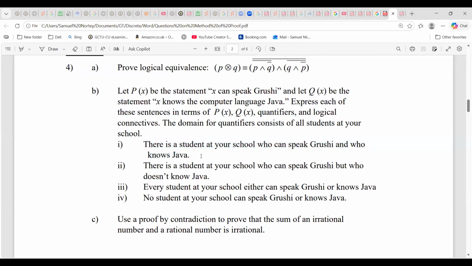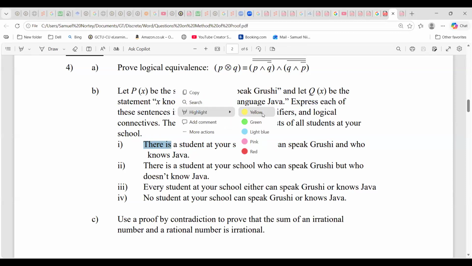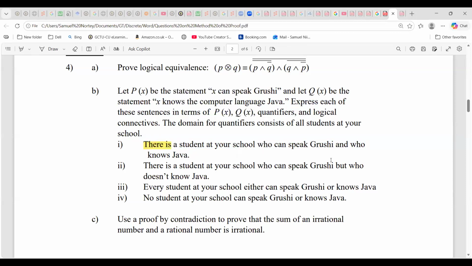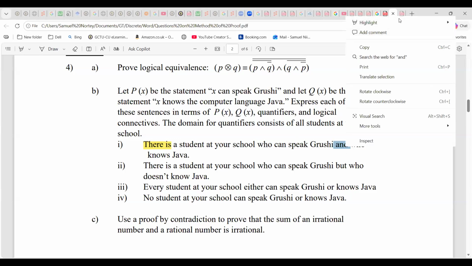First of all, what's the quantifier here? Existential or universal? The first word will tell you. What's the quantifier? Existential. Good. So we'll be using the backwards E. Then you identify the connective between them. The connective is "and", so you know the symbol for "and". Now you will just identify which predicates are being used.